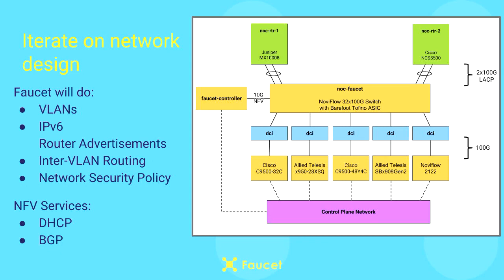Cisco supports it on every Catalyst 9K device. HP supports it on all their Aruba switches. NoviFlow supports it on every switch, and then there's another couple of vendors we're trying to onboard at the moment. So there's about 4 or 6 vendors you can use at the moment. But come and see me if you want more details, and I can get you in touch with any of our hardware partners.